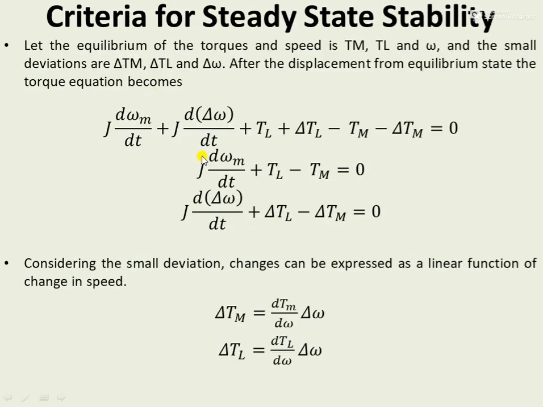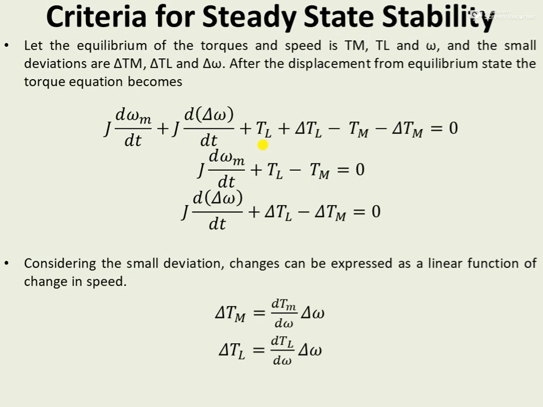So the drift in the load torque characteristic can be indicated as delta TL, and the drift in the motor torque characteristic can be represented by delta Tm. From the fundamental torque equation we very well know that Tm minus TL is equal to J into d omega m by dt.